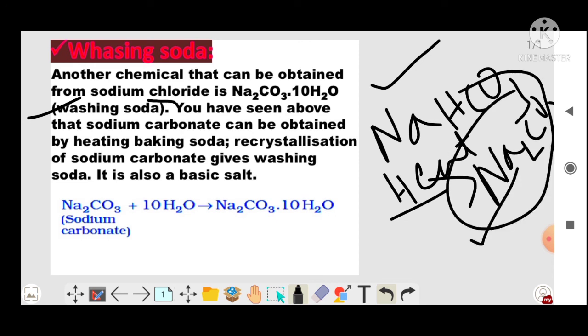This Na2CO3 is produced by heating baking soda.